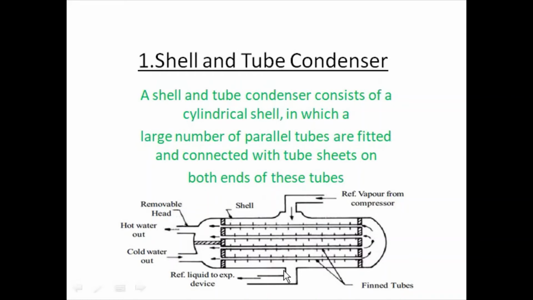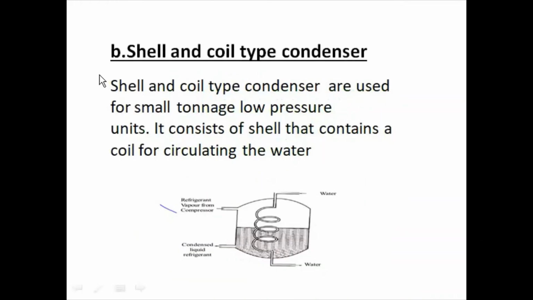Let's see another class of water cooled condenser. The second one is called the shell and coil type condenser. Shell and coil type condensers are used for small tonnage low pressure units.